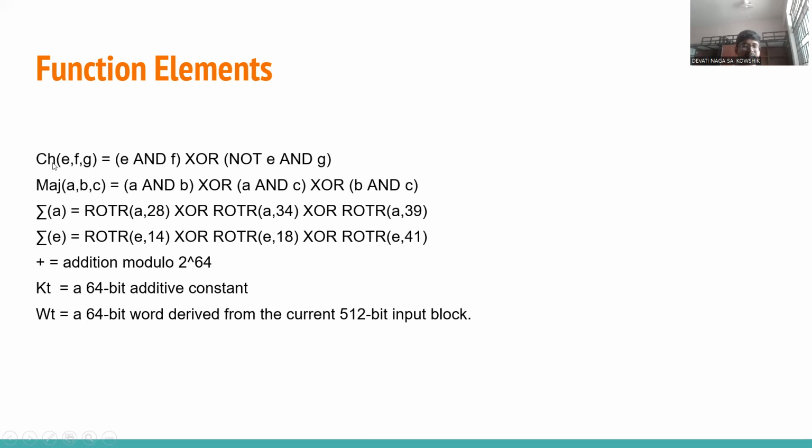Here you can see that CH of E, F, G is equal to E AND F, XOR, NOT E AND G, and the majority function of A, B, C is equal to A AND B, XOR, A AND C, XOR, B AND C. To find sigma of A, we use ROTR of A, 28, XOR, ROTR of A, 34, XOR, ROTR of A, 39.